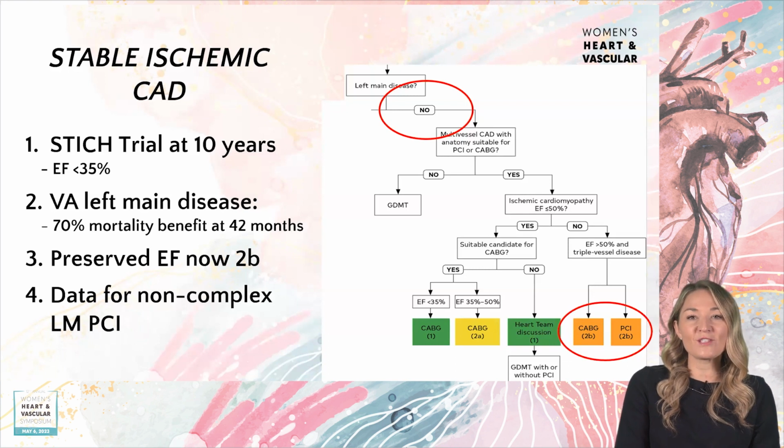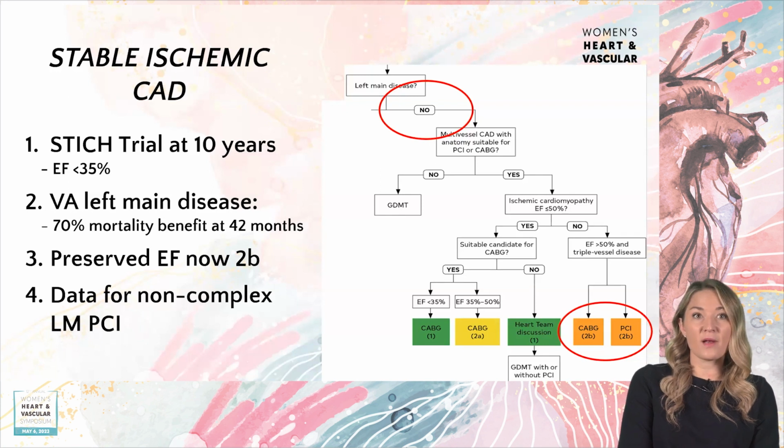This multivessel disease with a preserved ejection fraction here on the bottom right put a lot of our surgical friends in a tizzy, because this used to be a higher indication, multivessel disease, to treat with bypass. But again, there have been multiple trials that have proven that guideline-directed medical therapy works for many patients and their disease can be stabilized.